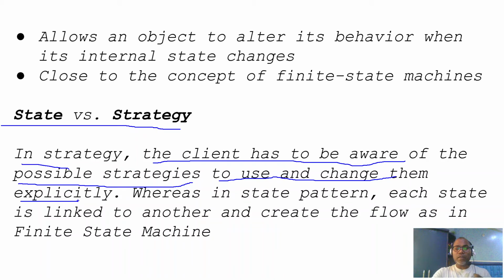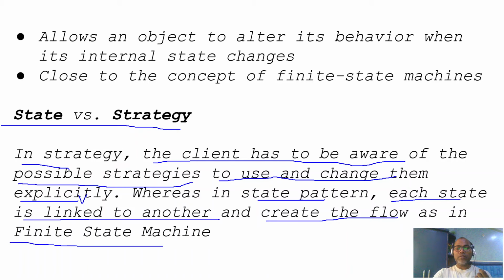Like in the last strategy design pattern we discussed, we have a sorting algorithm. I want to sort by bubble sort or insertion sort or selection sort. So the client explicitly specifies the strategy, whereas in the state pattern each state is linked to another state and creates a flow as a finite state machine.